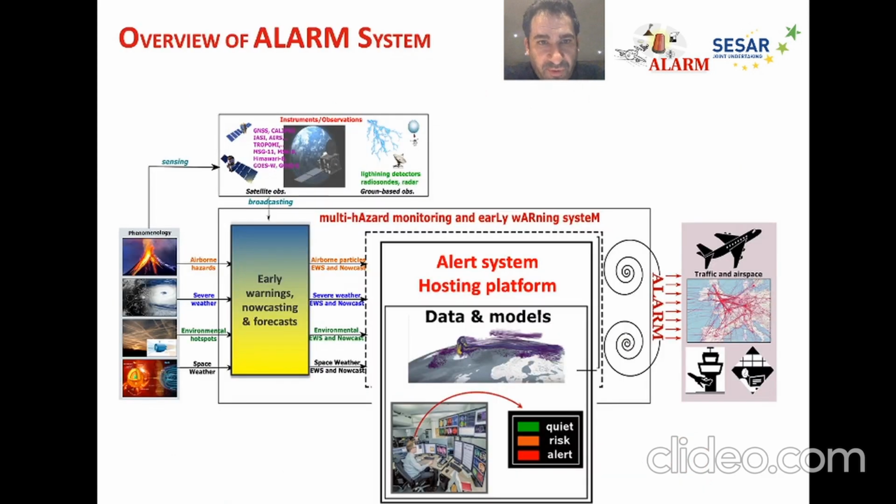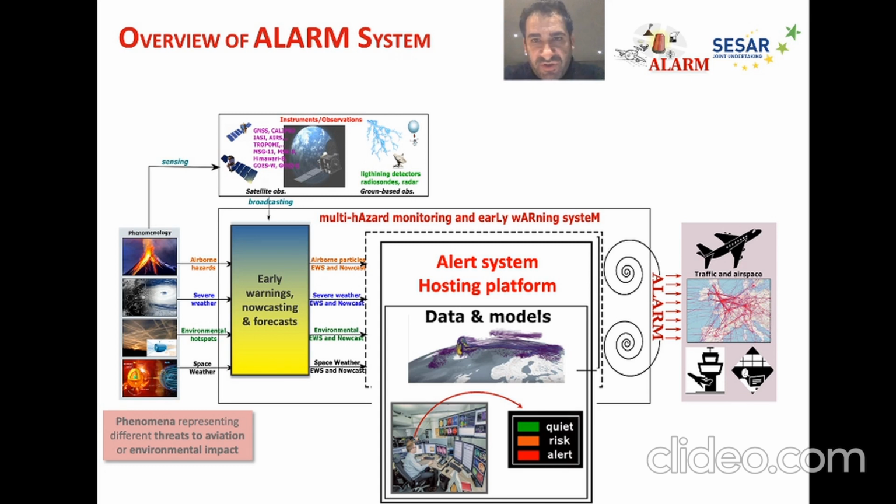As an overview of the project, we are building different models for each of the hazards previously mentioned, aided by different instruments, observations on board of satellites or ground-based instruments. And with these models, we will be creating early warnings, nowcastings, forecasting depending on the hazard.